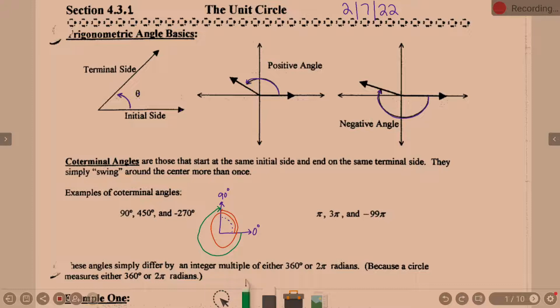That's negative 270. Okay, so you have to become comfortable with the idea of which way we swing and how many times we're going around. In degrees, the key is to remember there are 360 degrees in the circle, right? Questions on those?